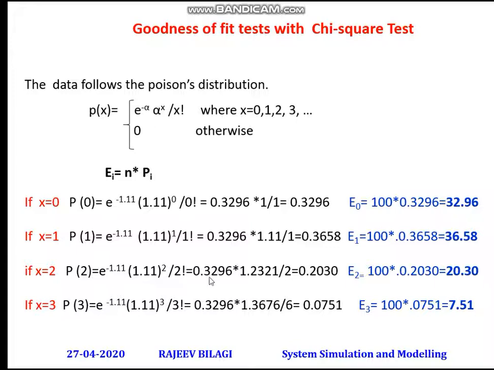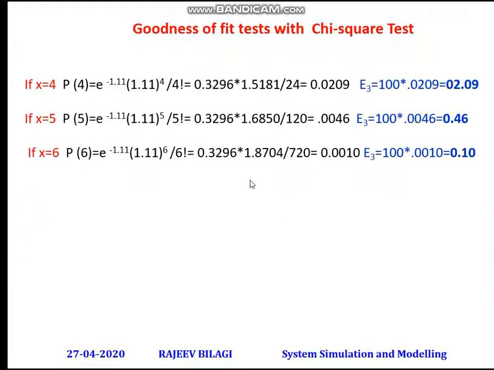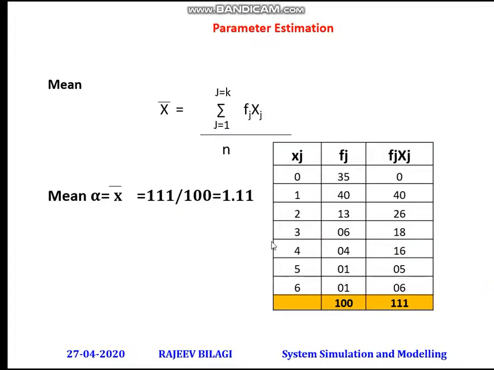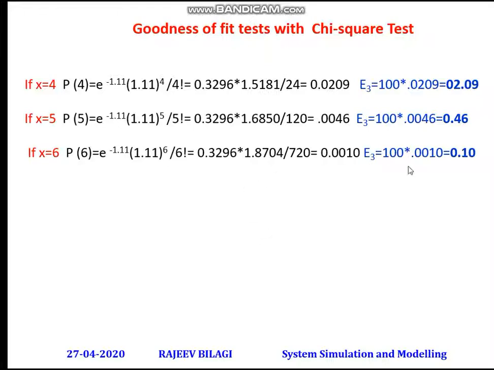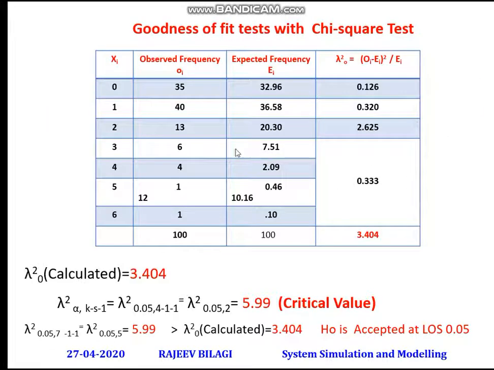So that is 0.3296 into 1.2321, that is 1.11 whole square, divided by 2. You will get 0.2030, that is 20.30. Like this, you have to calculate the values for all 6 values. So these are all the values that you have obtained. Now I'll write all the 6 values.